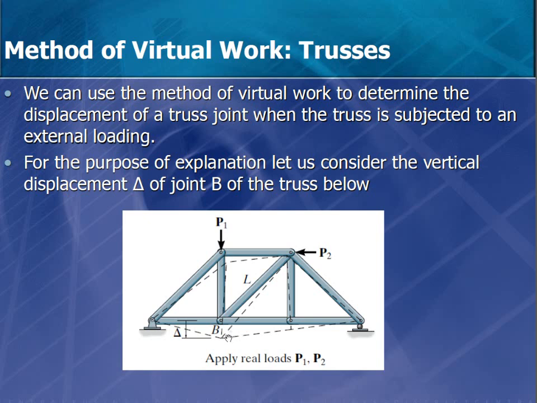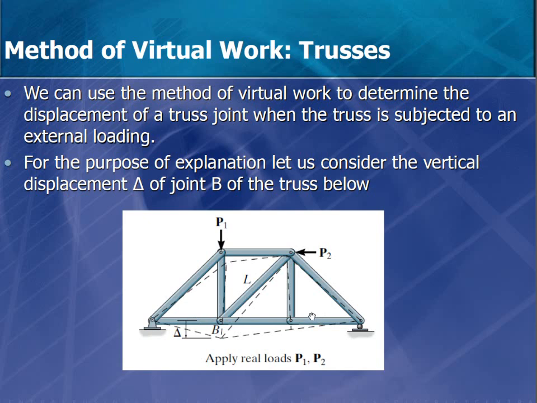Now, let's say that we are trying to find the deformation at point B. This is what we want to find. Now, what we have to do first, before going for the virtual work method, is to know the total amount of deformation throughout the structure.